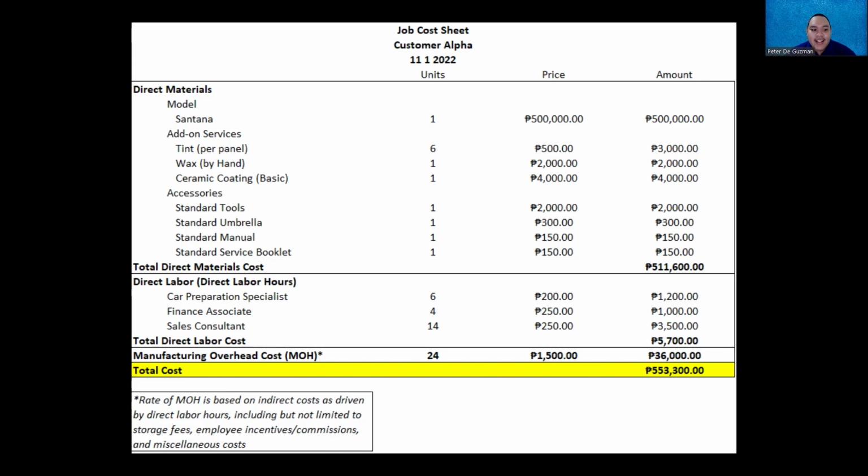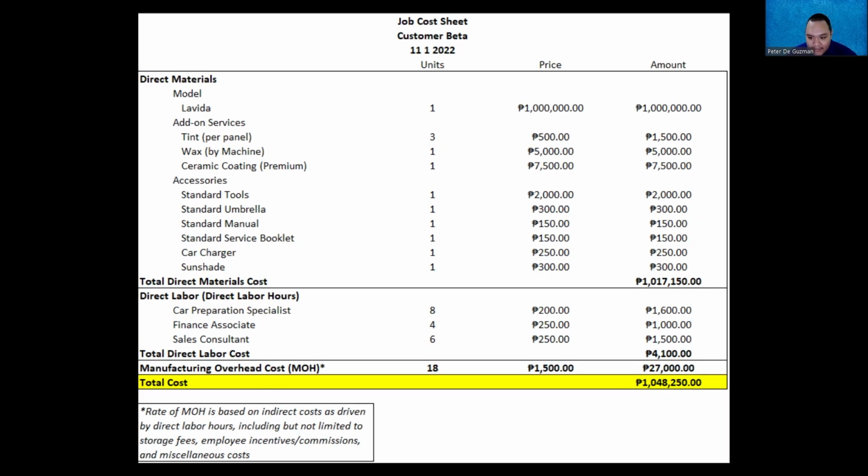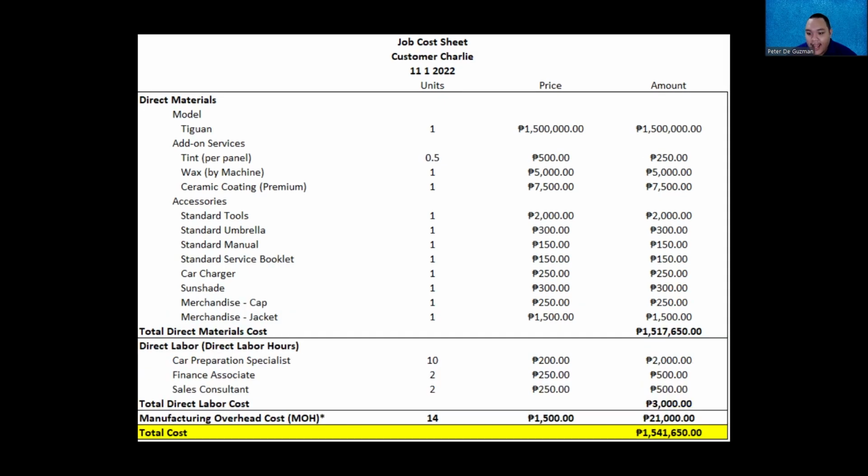Add-on services and accessories all tallied for a few thousands more pesos for customer Alpha, for customer Beta, we see that here, and also for customer Charlie.